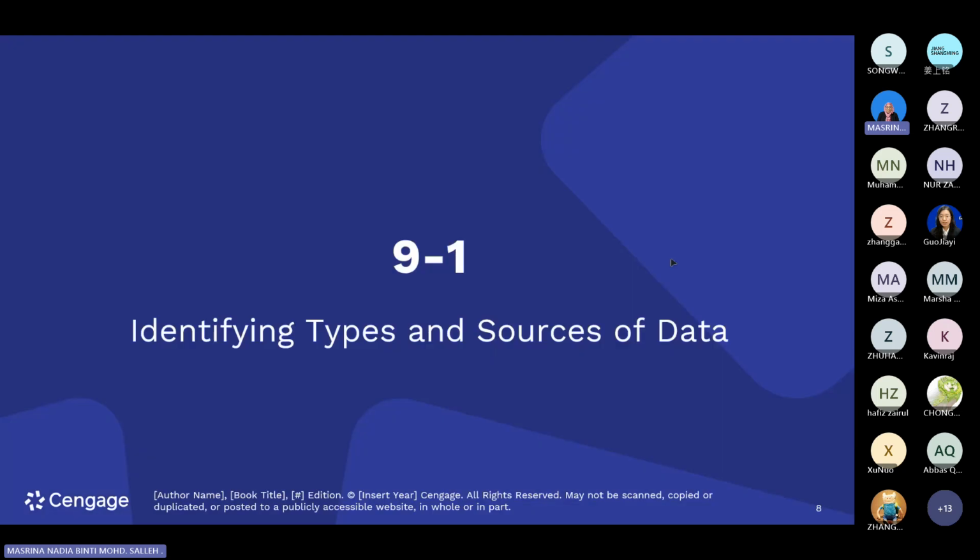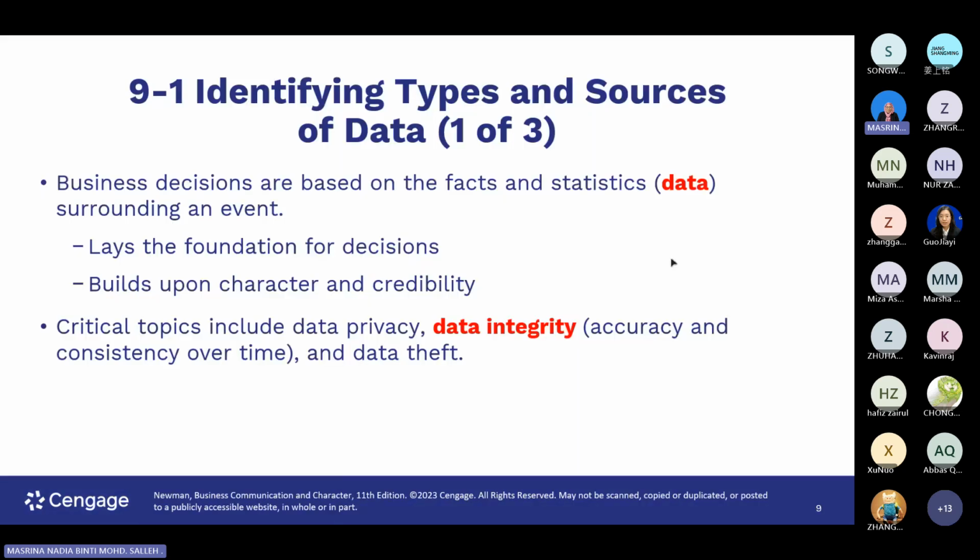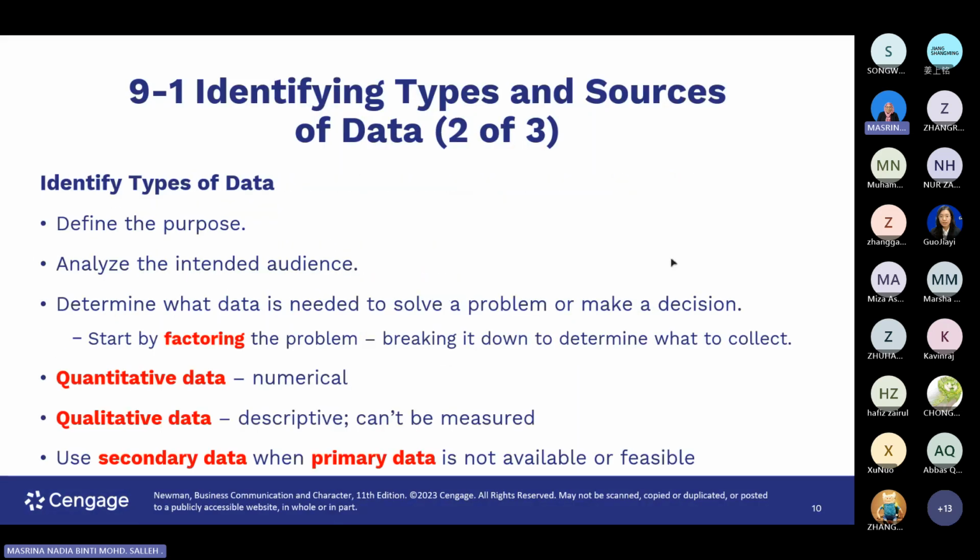So in chapter 9 here, you can see that there are a few sources of data. I just focus on a few things, where we have two types of data. This is very important when you do analysis or research, when you want to analyze something.